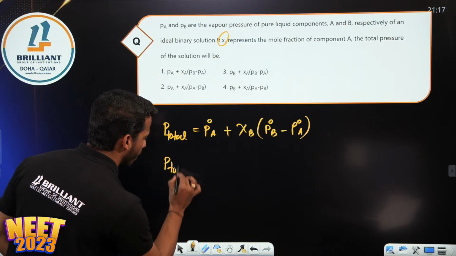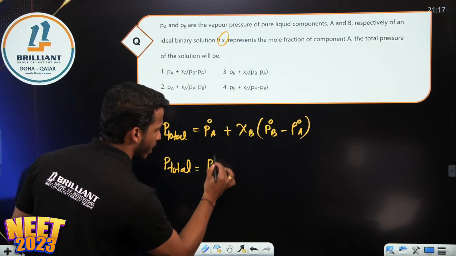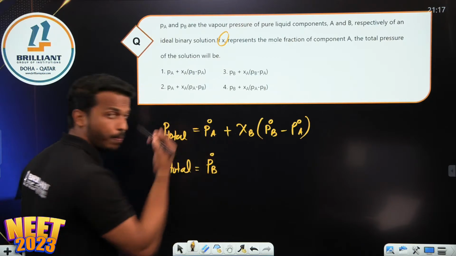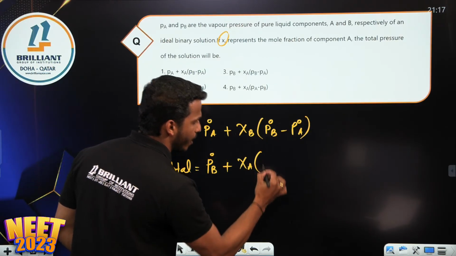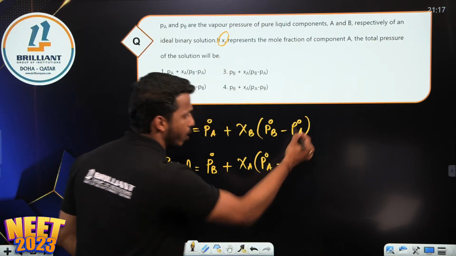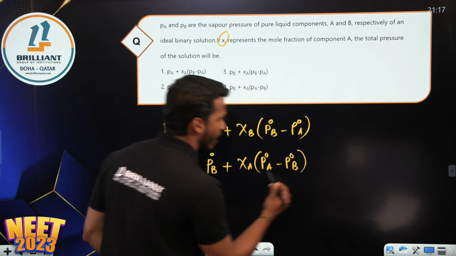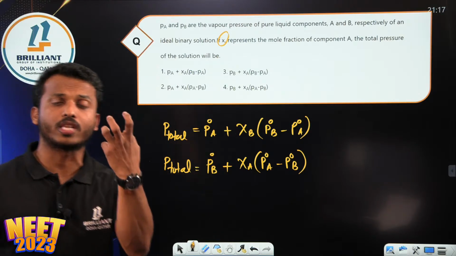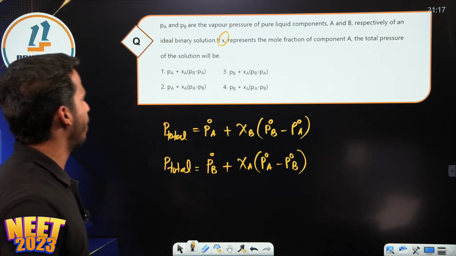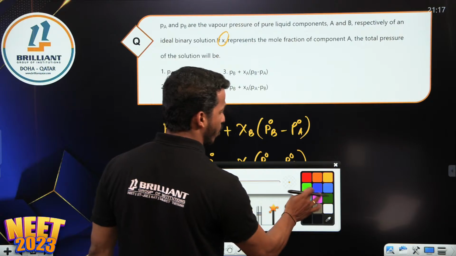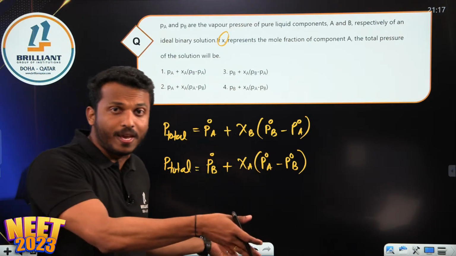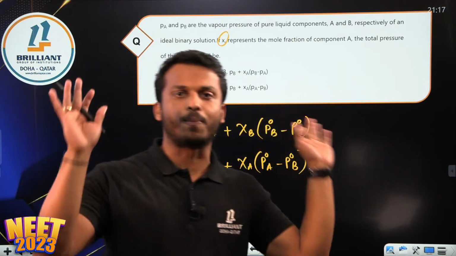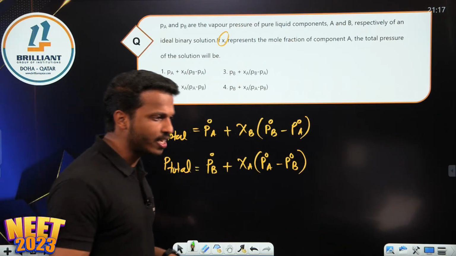Otherwise, we can write P total is equal to P0 B plus chi A into (P0 A minus P0 B), swapping P0 A and P0 B, and chi B and chi A. These are the possible equations to calculate the total pressure of two volatile liquids according to Raoult's law. Which is correct among these? Instead of P0 A and P0 B, they have given PA and PB. That's the only difference. So what is the answer?